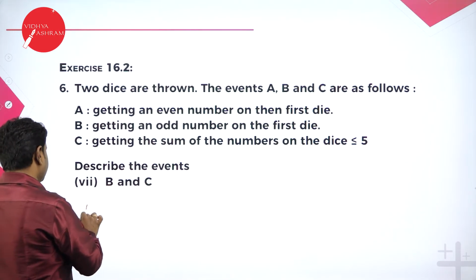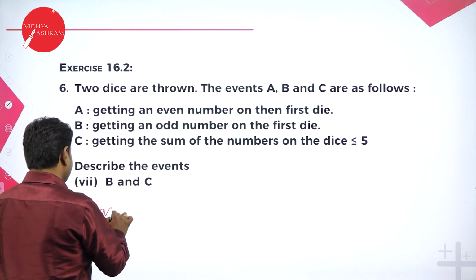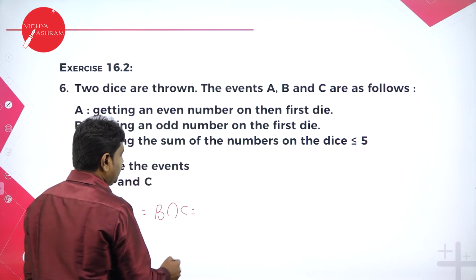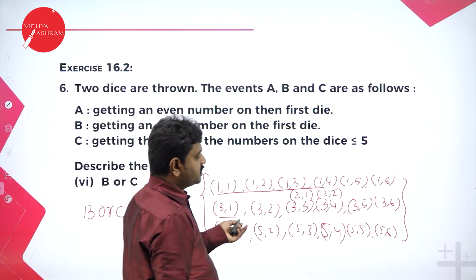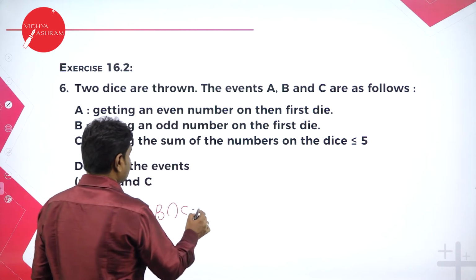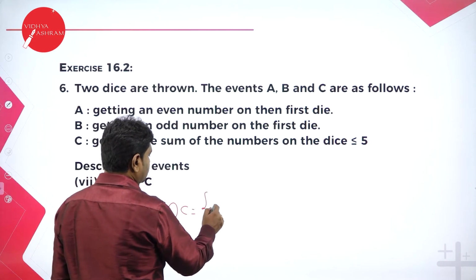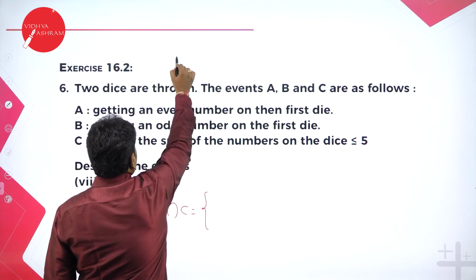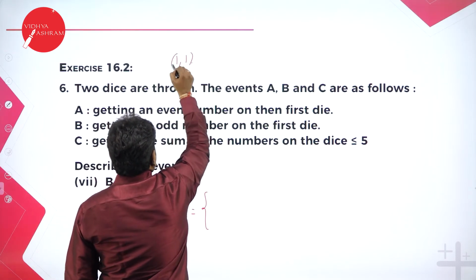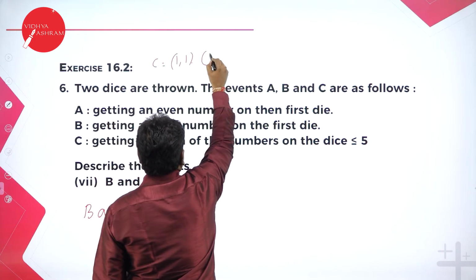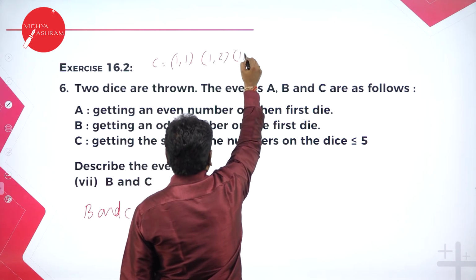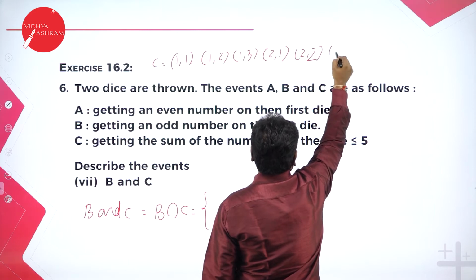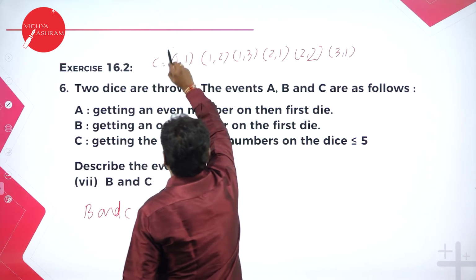Then B and C means B intersection C. Common elements. What are the C elements? 1 1, 1 2, 1 3, then 2 1, 2 2, 3 1, this is C, where the sum should be less than or equal to 5.